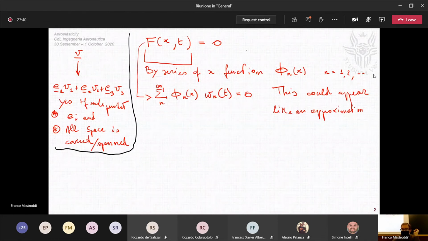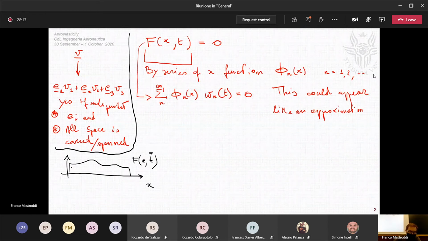And what about the function? Because we have not a vector here, we have a function of x. Okay? For the function, we have the same, because a function of x, like f, supposing to freeze the time, and for time frozen, you have a function of x. This function of x is the contribution of the several values assumed by the function from x equal to 0 to x equal to L. So you don't have three components to build this vector, you have infinite components to describe this function.